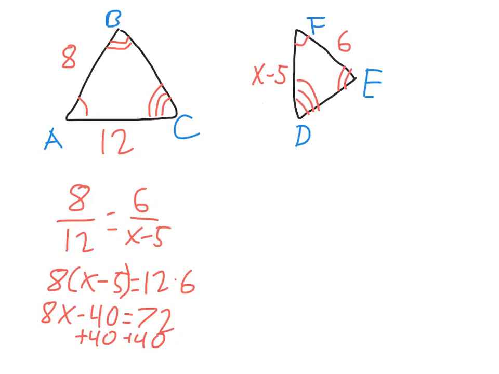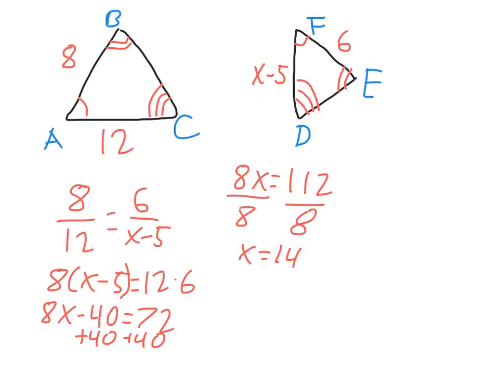That will give you 8x equals 112. Divide both sides by 8, and that will give you x equals 14. So that's one of the first things you wanted to find, x equals 14.